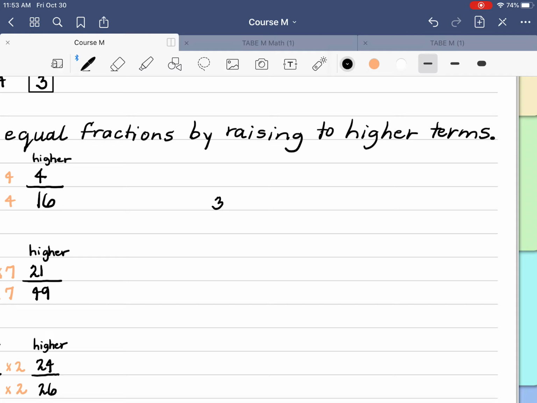Let's do 3/4 and raise that up to 15 over something. So I have 3 times 5 is 15. 4 times 5 would be 20.